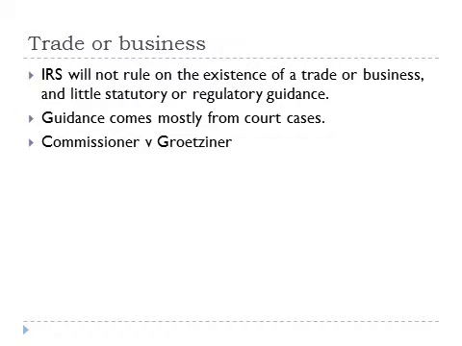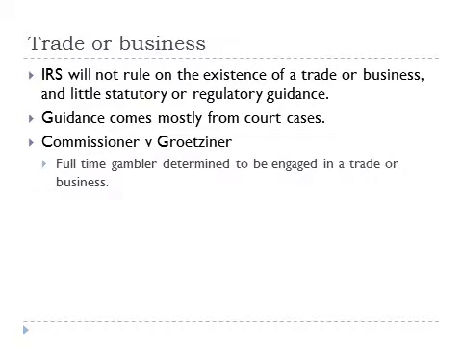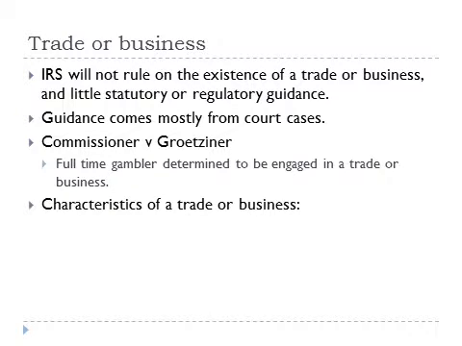One of the most useful cases for identifying a trade or business is Commissioner v. Grotzinger. This case involved a full-time gambler who was judged to be engaged in a trade or business. This case gives us clear guidance as to the qualities an activity must have to be characterized as a trade or business. These qualities are as follows.